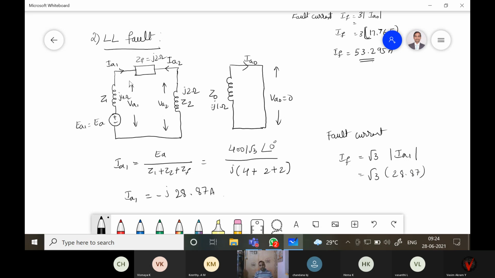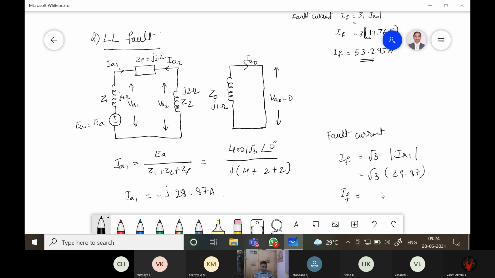So here the fault current is the same, but we need to write it in terms of line current, root 3 times IA1.